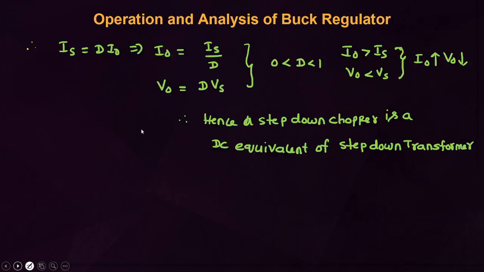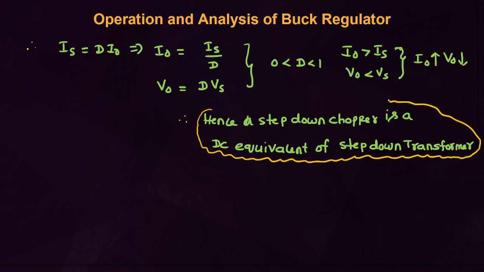Next, this is the observation for buck regulator. Step down chopper is a DC equivalent of a step down transformer. Why? Because in a step down chopper, voltage is stepped down but current is stepped up. Voltage is reducing, current is increasing, like in a step down transformer also.